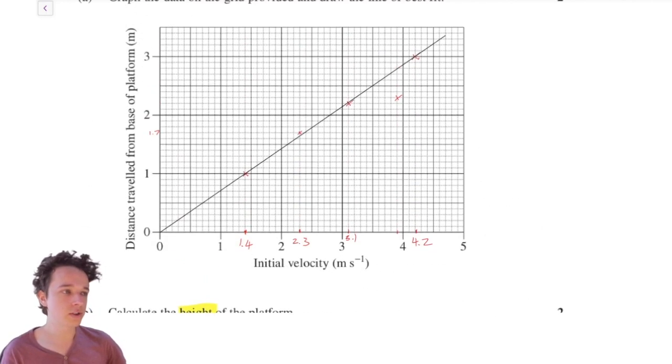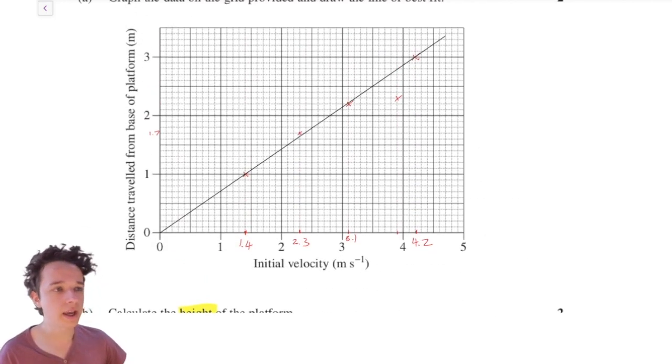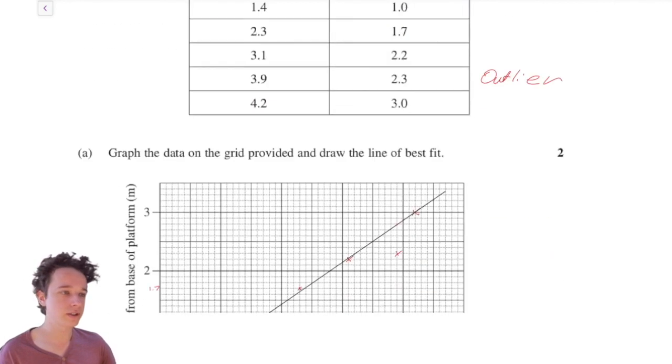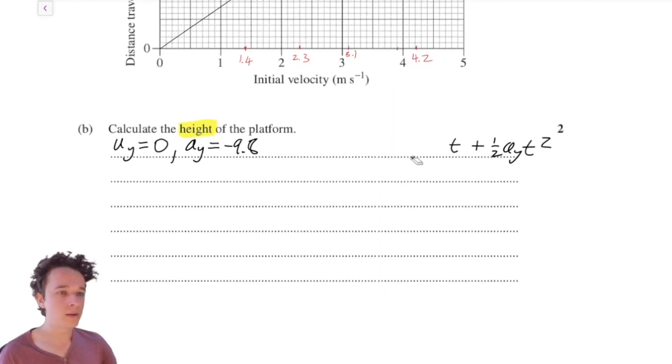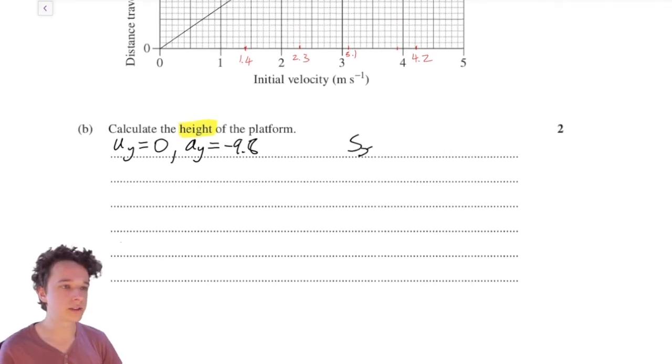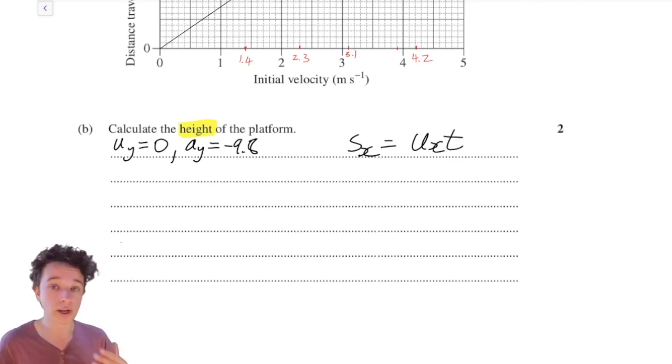Well, we have information about the displacement in the x component of this projectile's motion. And so if we consider the same equation, but for the x component, Sx is equal to ux times t. If we rearrange this equation to make t the subject, we get t is equal to Sx divided by ux.